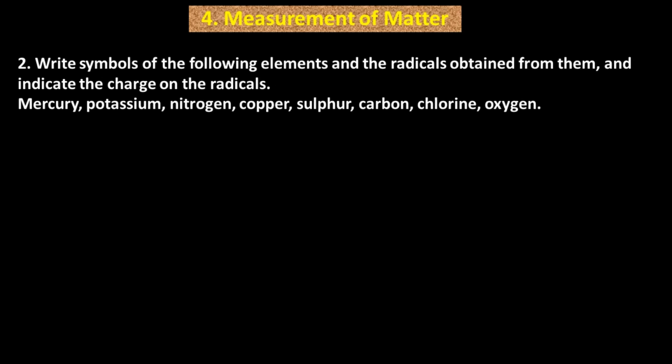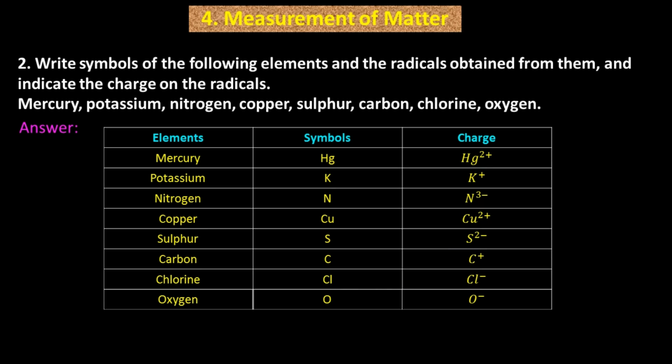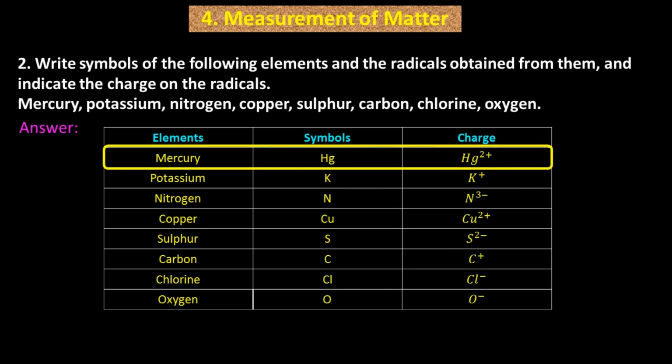Dear friends, now question number 2. Write the symbols of the following elements and the radicals obtained from them and indicate the charge on the radicals: mercury, potassium, nitrogen, copper, sulfur, carbon, chlorine, oxygen. Answer: element is mercury, symbol Hg, charge is Hg2+.